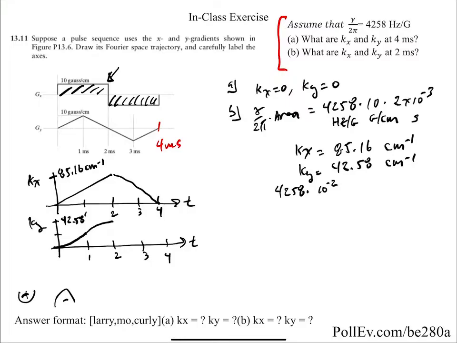So it must go, let's see, now it's negative, right? So you're incrementing in a negative area, so it must be going like this, right? And then it's going like this. Okay?